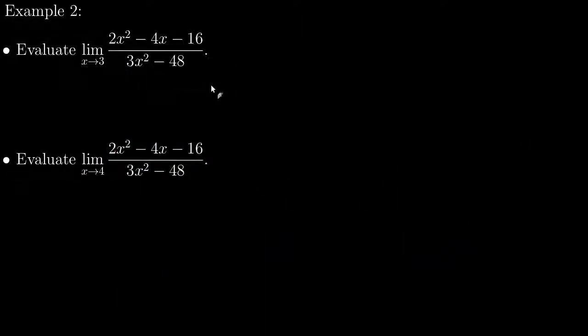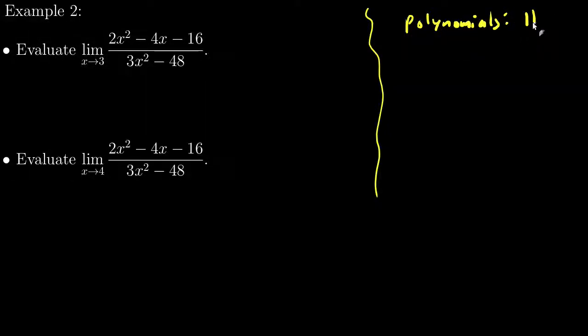Now, here's the nice thing about this. If I know a function is continuous, I can just put in this target x value and I'll get the limit, because the limit will equal the value when it's continuous. And I also know polynomials are continuous on all real numbers.